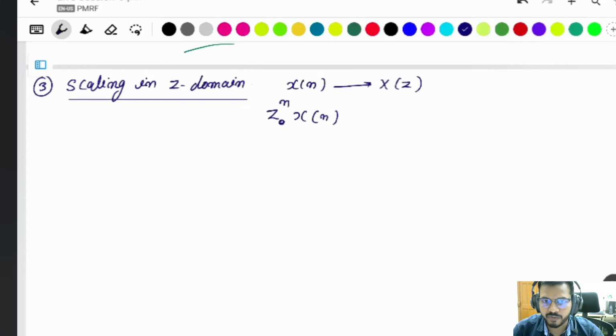Then the z transform becomes X of z divided by z naught, the same value.